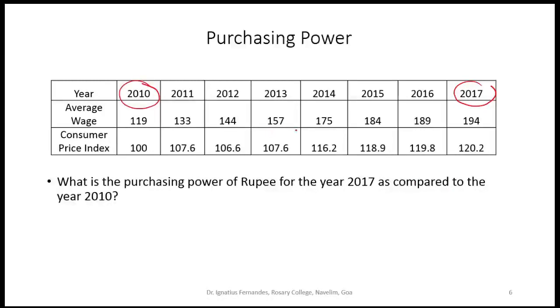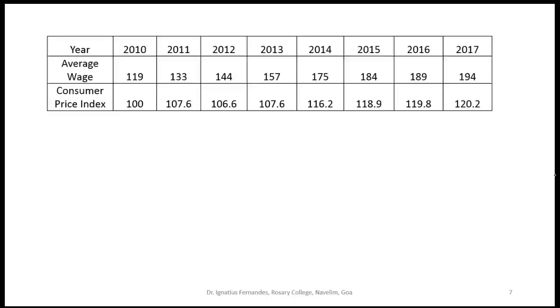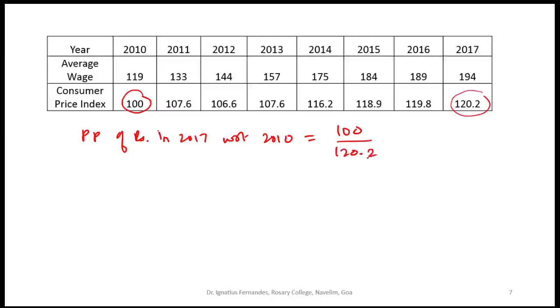To do this, if I have to find out the purchasing power of rupee in 2017 with respect to 2010, we have to just divide the price index for 2010, that is 100 here, by the price index for 2017, that is 120.2.